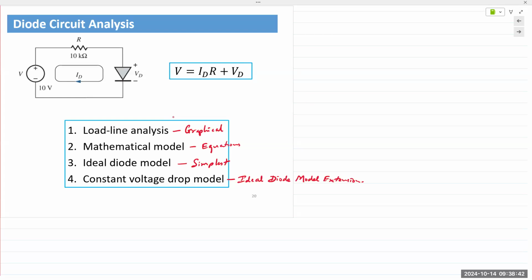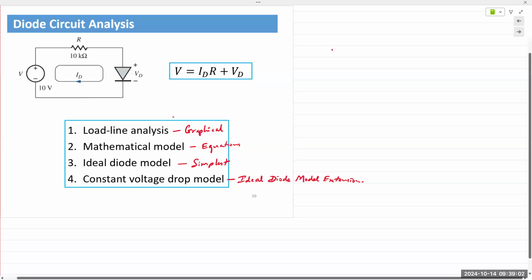In the same manner, for a diode circuit, what we are trying to do is find the values of the unknown quantities, which would be the diode voltage and the diode current. So circuit analysis of diodes is basically determining the diode voltage and diode current, VD and ID.